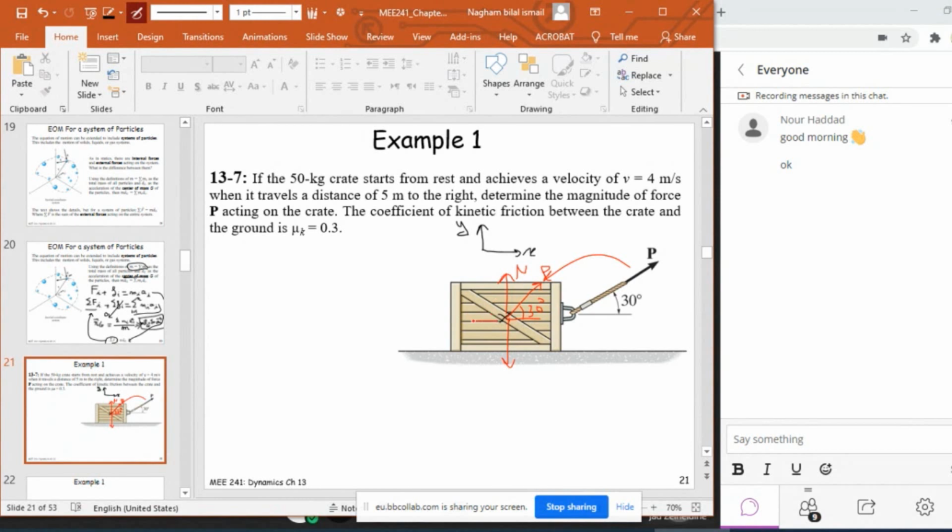And of course, I have the friction force that is related to the normal force. It's always related to the normal force using this equation, mu_k times N. So this is the friction force, I'm going to call it F. Okay, guys?